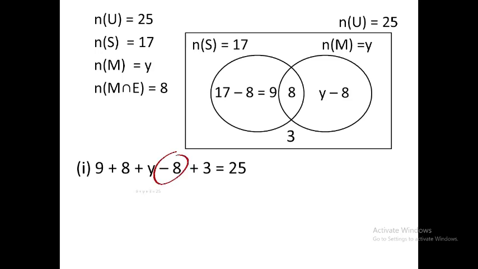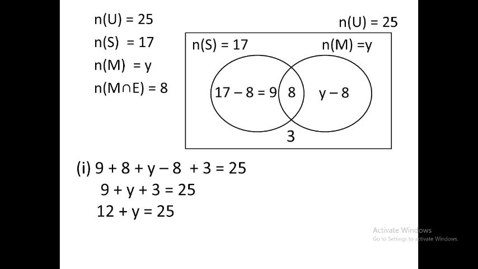What are we left with? 9 plus y plus 3 equals 25. This time 9 plus 3, what would that be? Good, 12. And then equate it to 25. That is exactly what it is. So 12 plus y equals 25. This time we group like terms. I like the way you are following.